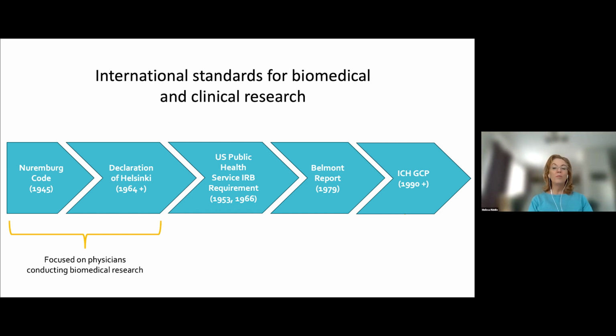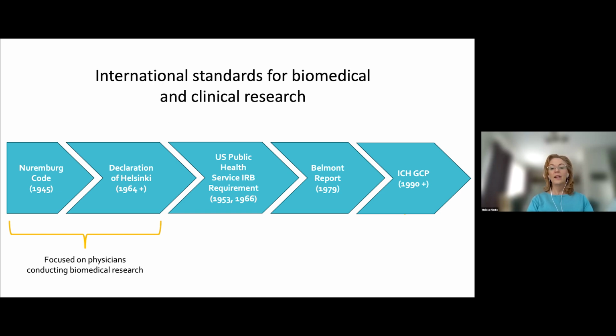Next, the Belmont Report was commissioned after the public disclosure of Tuskegee syphilis study operations and resulted in recommendations to revise the Code of Federal Regulations related to the protection of human subjects. And that report recommended and emphasized three principles: beneficence, respect, and justice.